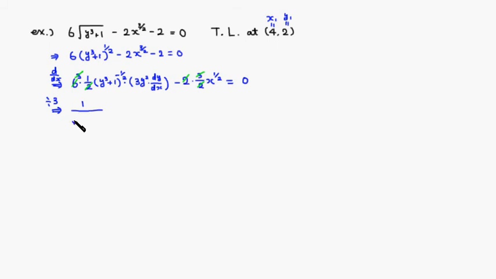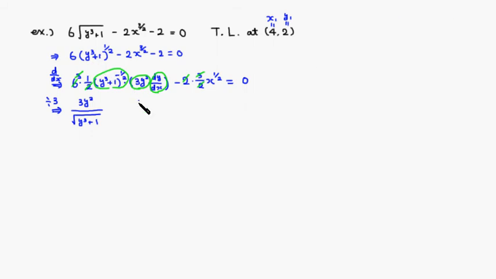That's the same thing as 1 over the square root of y cubed plus 1. Then there's a 3y squared, so I'll put that up here, times dy over dx.